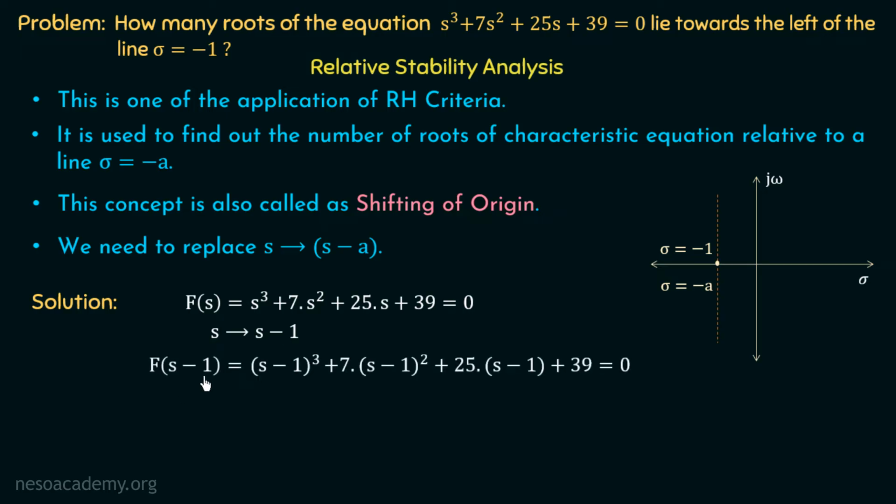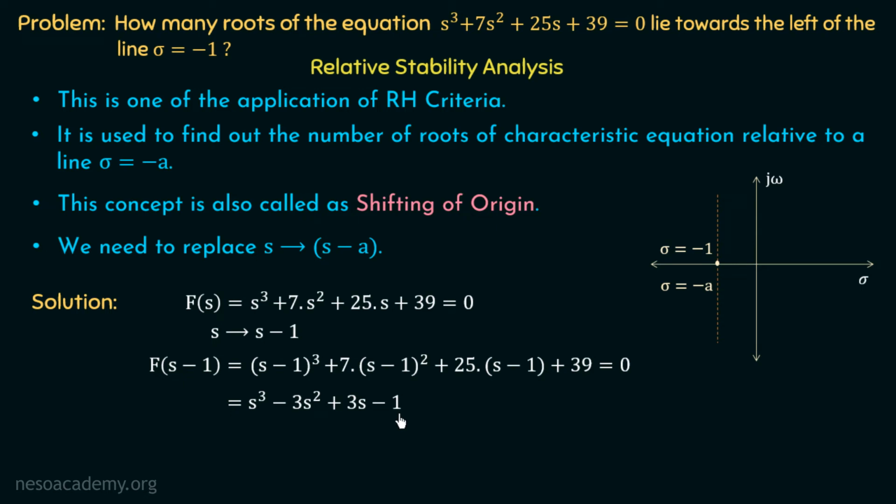So f of s minus 1 will be s minus 1 whole cube plus 7 multiplied with s minus 1 whole squared plus 25 multiplied with s minus 1 plus 39 equal to 0. See, we have replaced all the terms of s in this characteristic equation with s minus 1. Now, if we open this bracket with s minus 1 whole cube, we will have s cube minus 3s squared plus 3s minus 1.